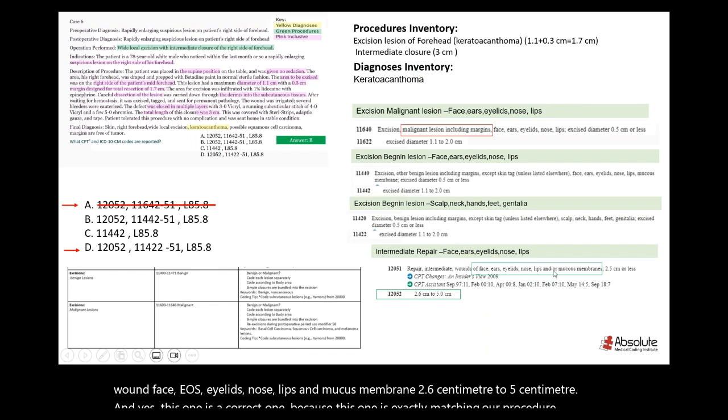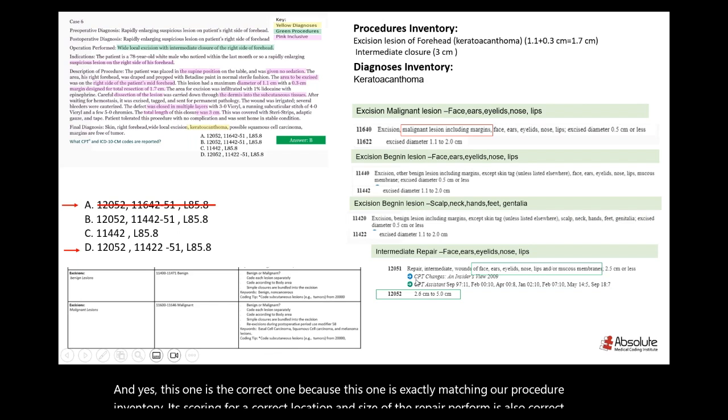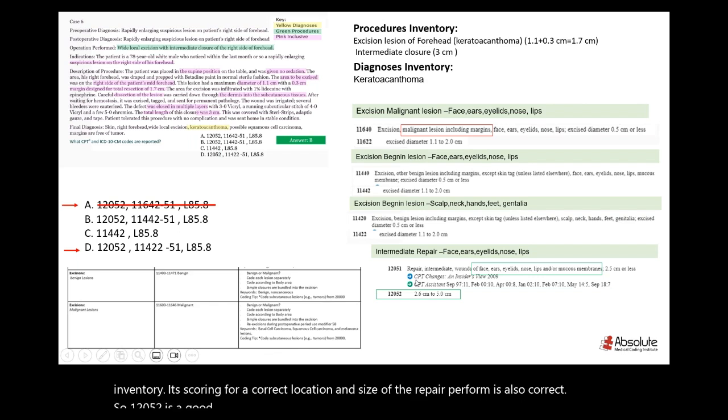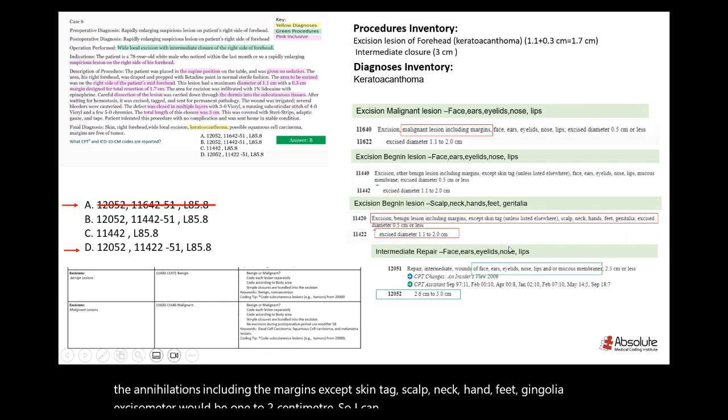It's coding for the correct location, and the size of the repair performed is also correct. So 12052 is a good option. In option D, the second code, 11422, is coding for excision of benign lesions, including margins, except skin tag, scalp, neck, hand, feet, genitalia, excised diameter 1 to 2 centimeters. So I can say this is an incorrect answer.